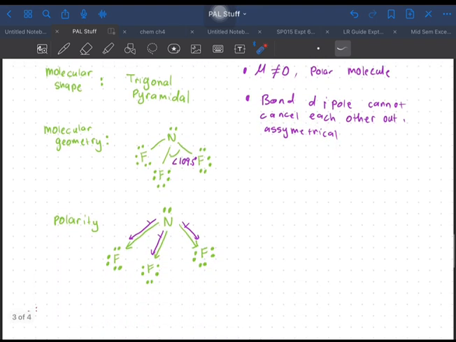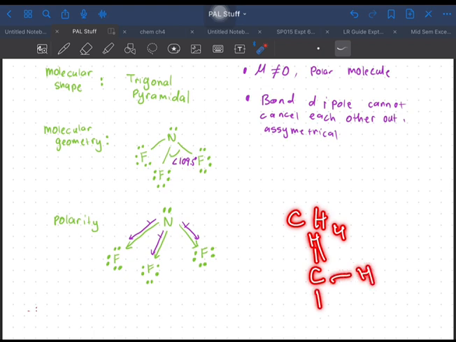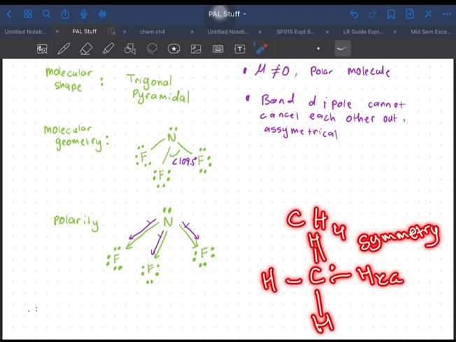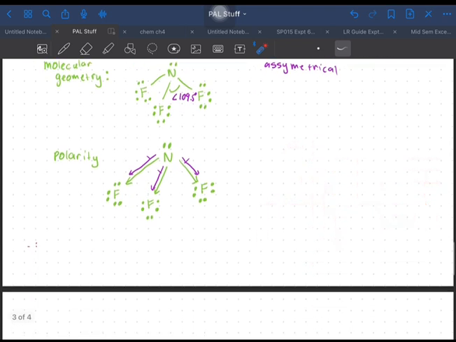It's not the same shape because it's all going downwards. If it's CH4, you know it's H and H, because they are symmetrical. Symmetry, they cancel out each other. Because it's going up here, here, and here, thus it's non-polar.